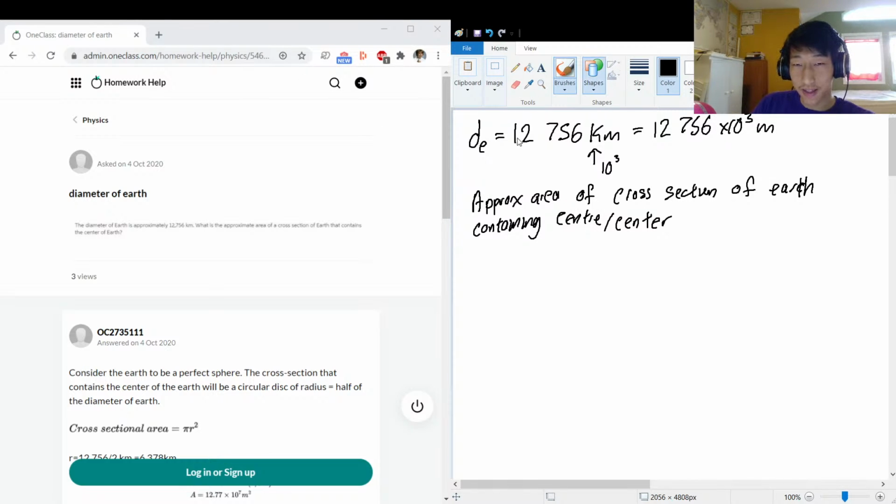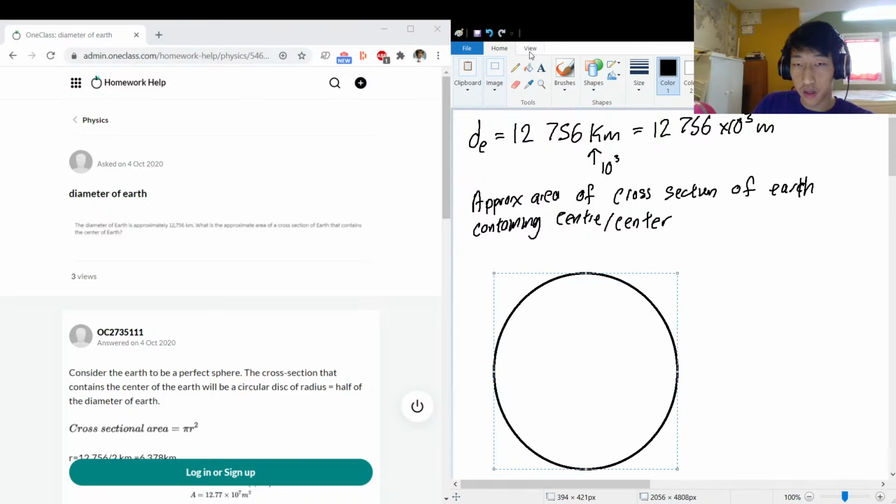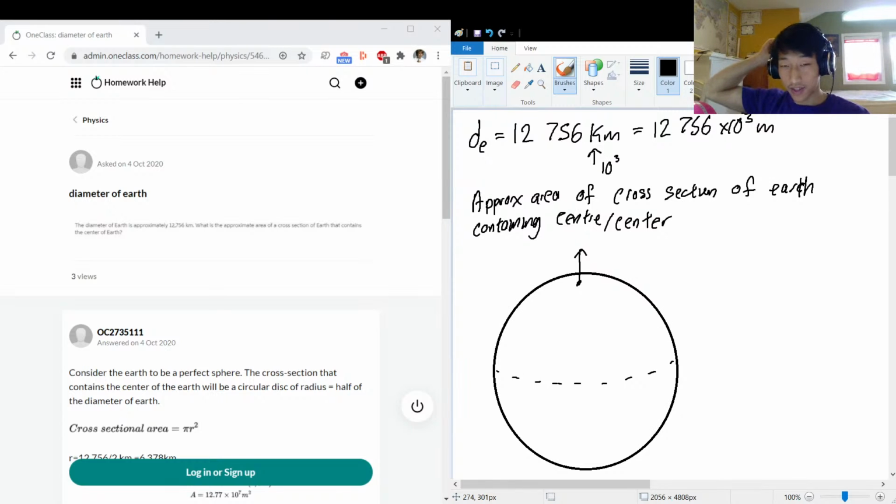But anyways, let's kind of draw out what this is. So if this is the globe, and just to draw that's the equator. And maybe out here we have its axis of rotation.